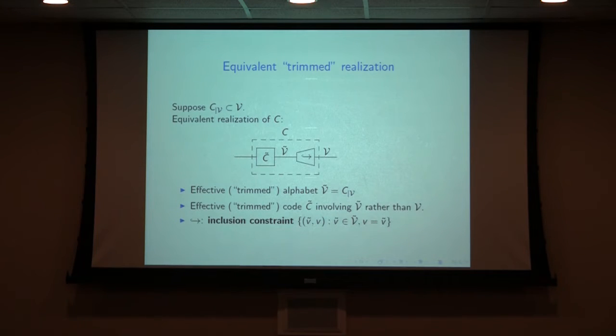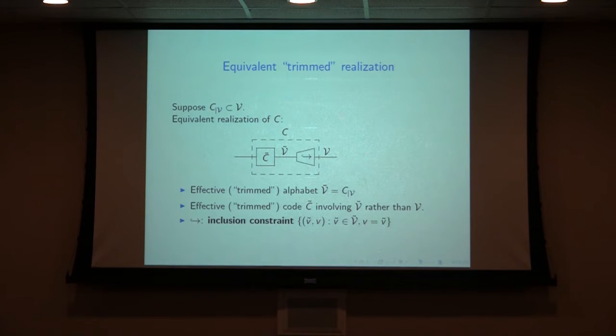And again, going through in excruciating detail, suppose we had a constraint that was not trim at a certain variable V. How would you trim it? For this first step, here's an equivalent realization involving a trimmed alphabet, which is the set of values that are actually used in that alphabet.